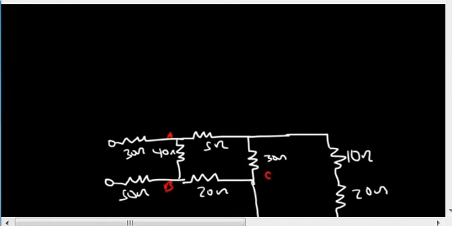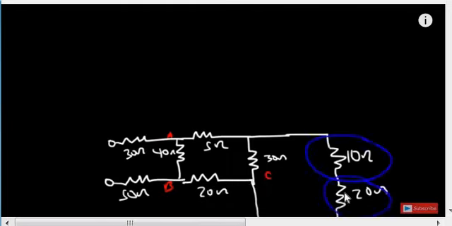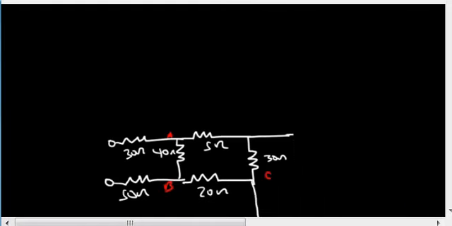Plus 20, they are in series. We have just replaced this 20 right here, so that you can easily say they are in series. There is no other branch, there is no other point between 10 and 20, therefore it is 30.